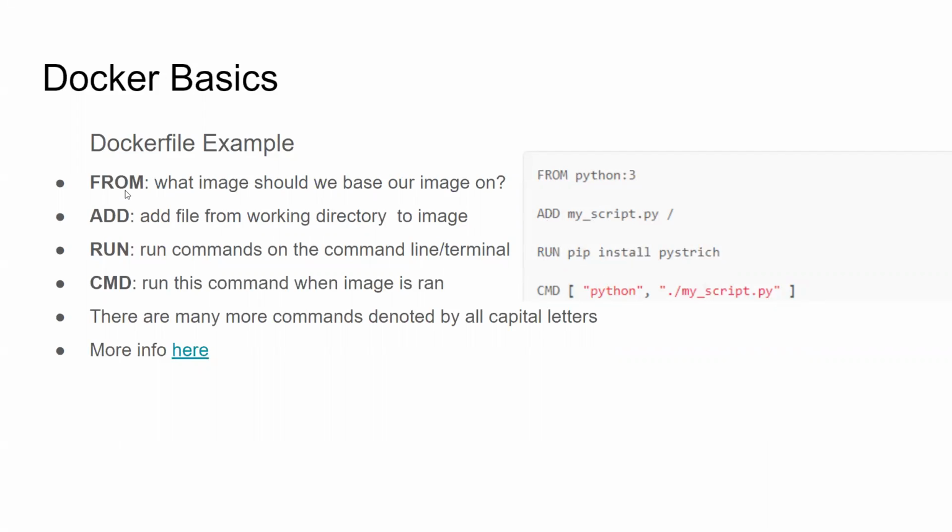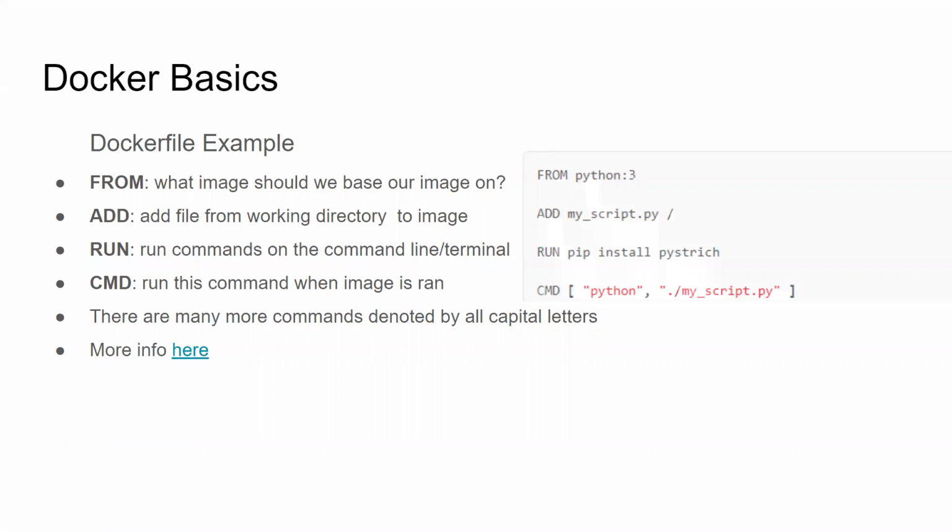So FROM, very important, is always the first line. It's what image we want to use as the base for our Docker image. ADD lets you add a file from a working directory to an image, but ADD is a little overloaded, and they came out with a better version that's simpler to use called COPY. So you should always use COPY.